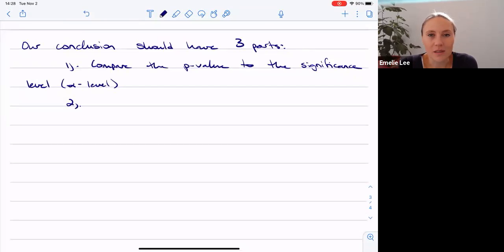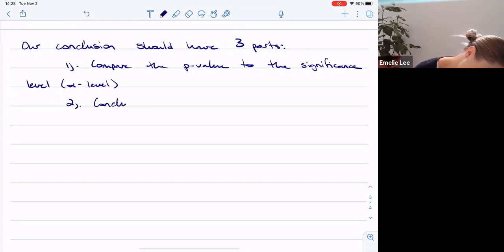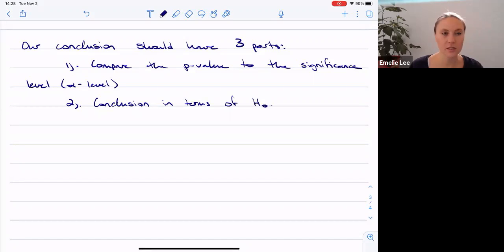2, what does that mean in terms of the null hypothesis, right? And so your conclusion in terms of H0, right? That's important because we do all our testing assuming the null hypothesis is true.